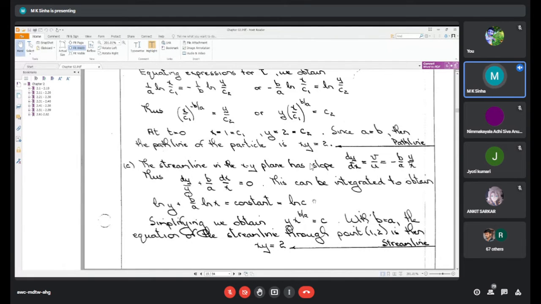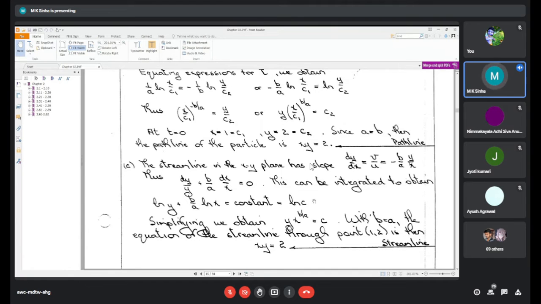So here we got that the path line and the streamline are the same. What does it mean? See, it is mentioned in the question itself that the flow is steady state, so t is 0.